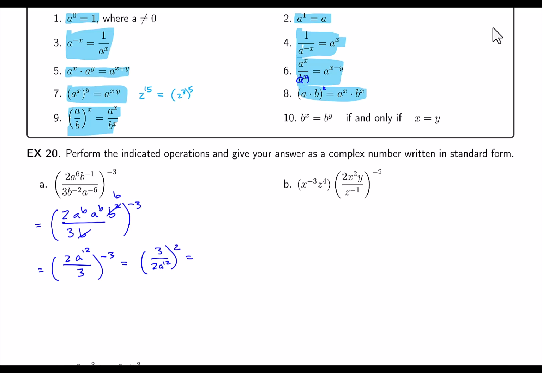And then if you have an exponent outside a quotient, you just raise the numerator and denominator each to that exponent. So this effectively means I would have 3 squared over 2 squared times a to the 12th squared, which would be 9 over 4a to the 24th.